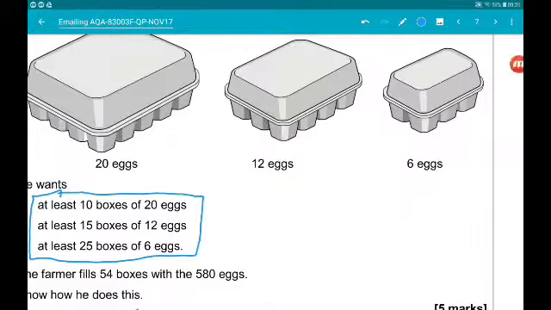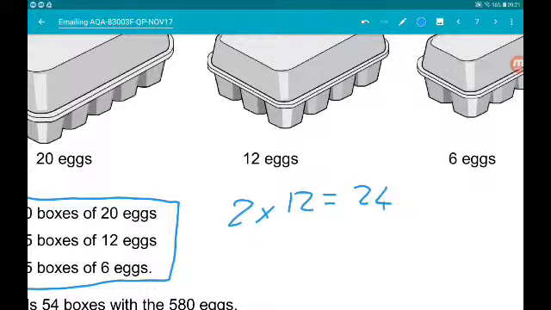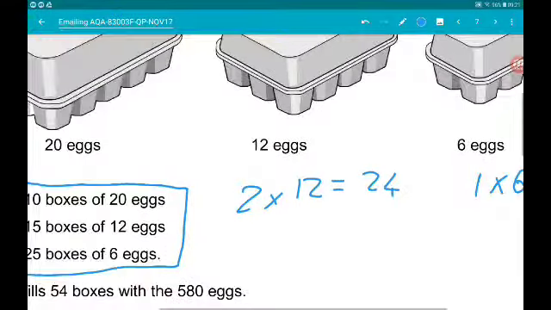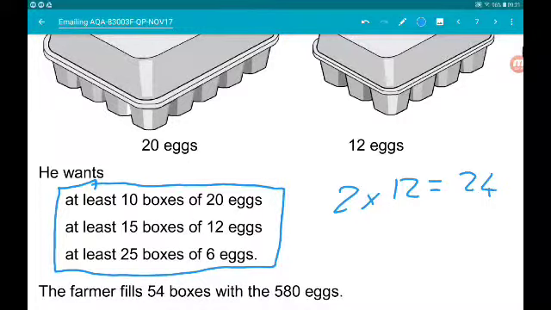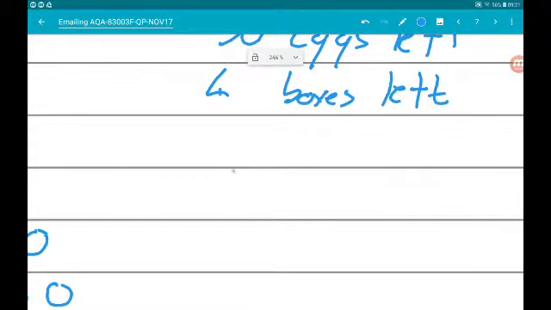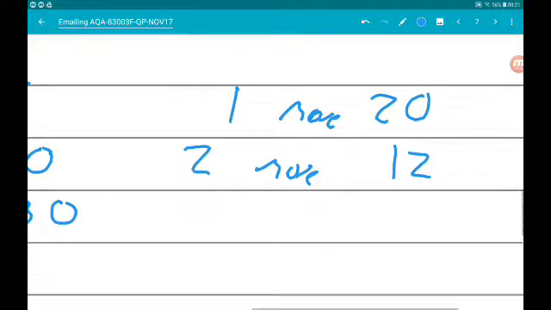So 2 lots of 12, so 2 times 12, 24, and we can go for 1 lot of 6, that's 30 altogether, and then 1 box of 20, so 1 more 20, 2 more 12, and 1 more 6.